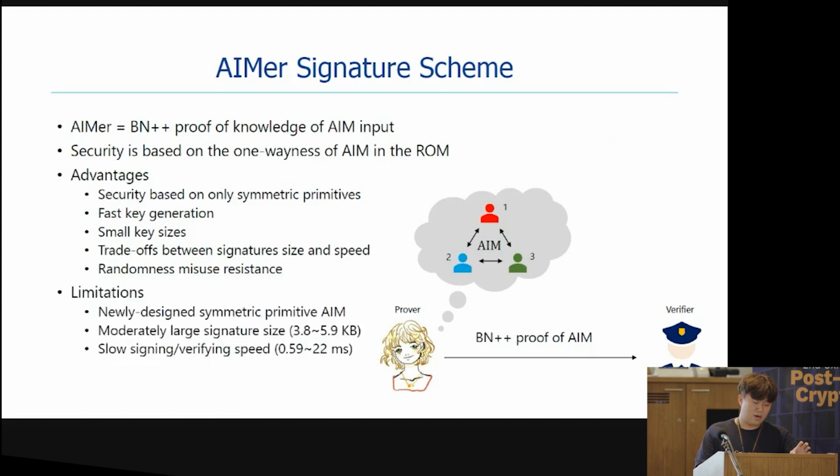And AIMer has some limitations. Because AIM is newly designed, someone might not want to use a newly designed symmetric primitive. I understand this can be a limitation. The second limitation is moderately large signature size, and the third one is quite slow signing and verifying speed.